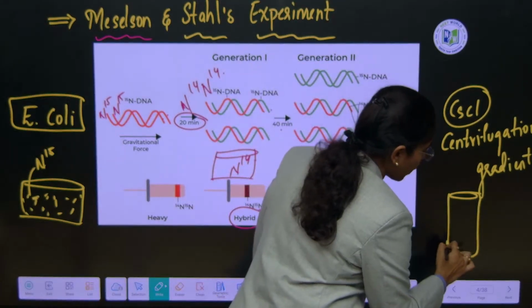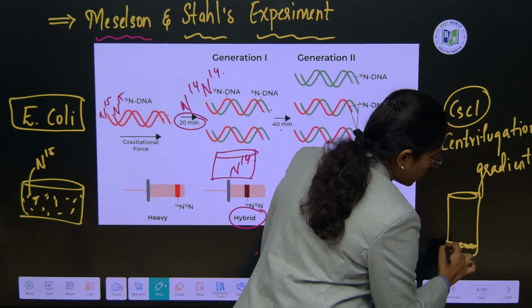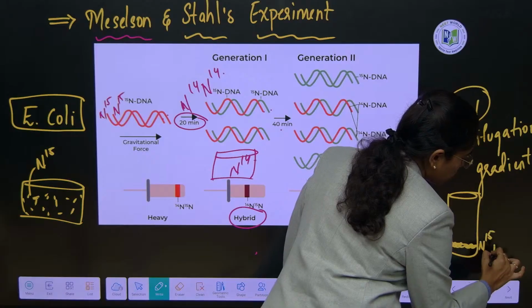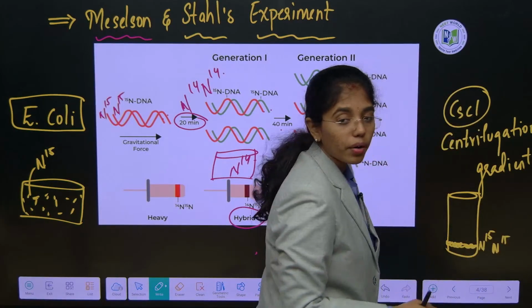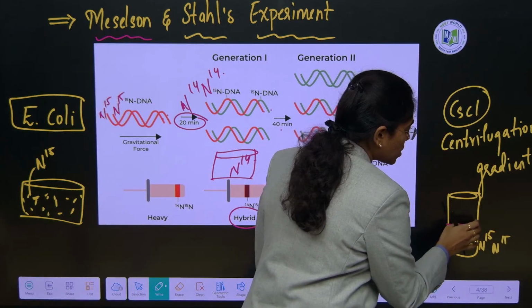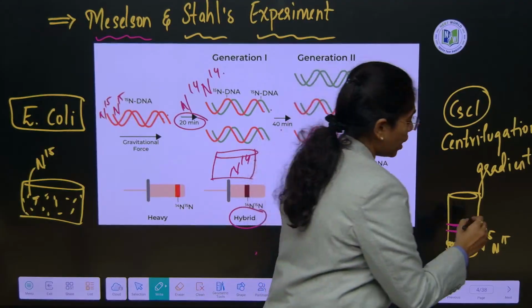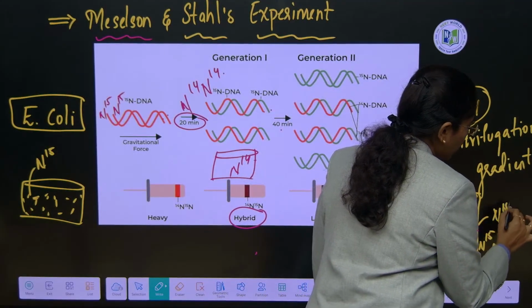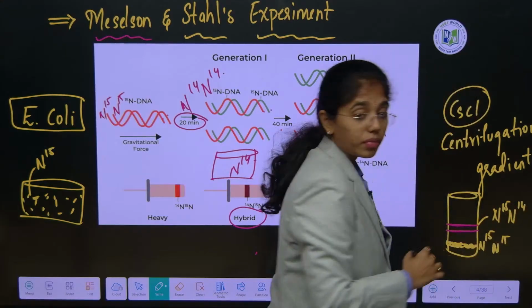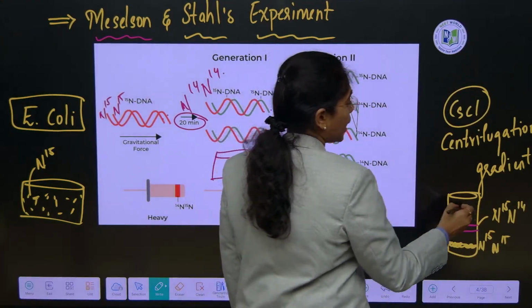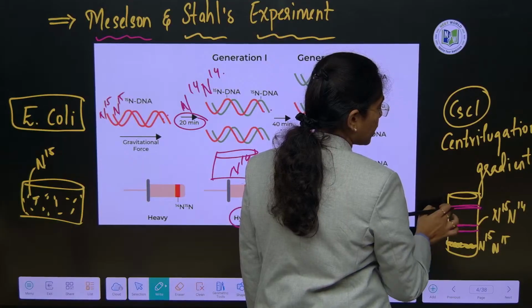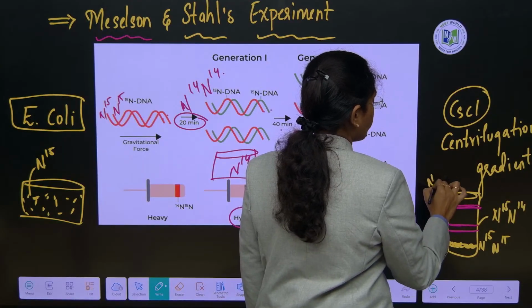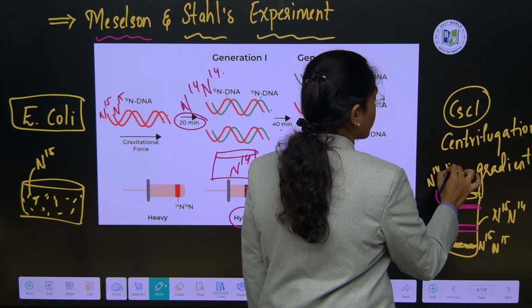Dense will be at the base, so N15 is observed at the base, and intermediate strands will be N15, N14, fine, right. And completely light strands are seen at the top, that is N14, N14.